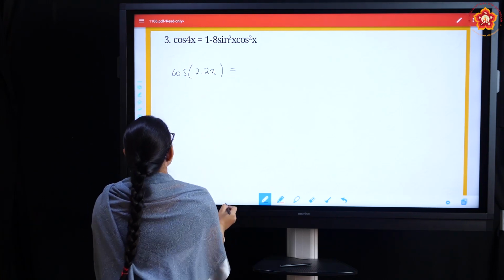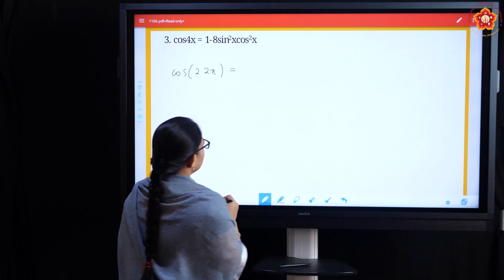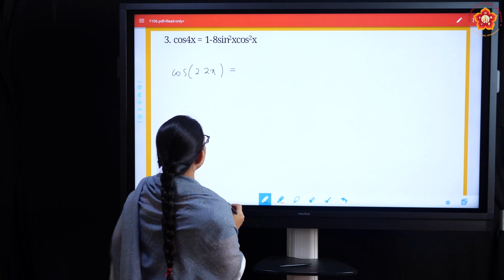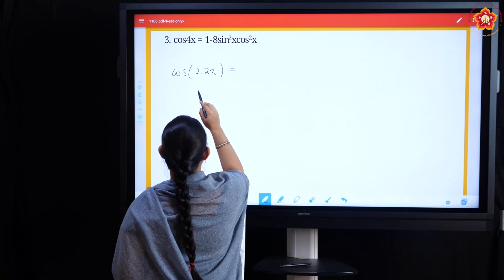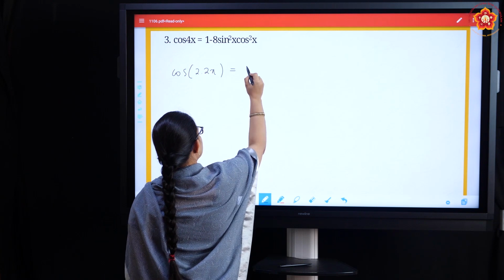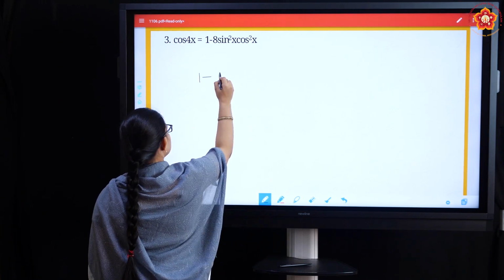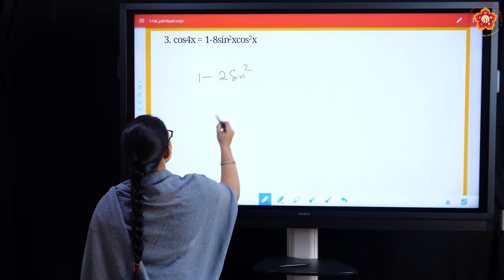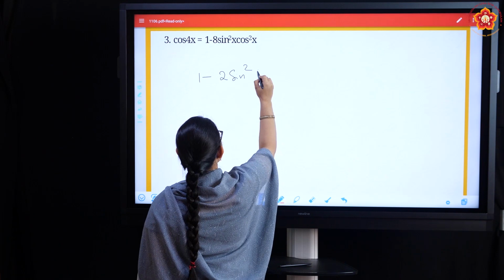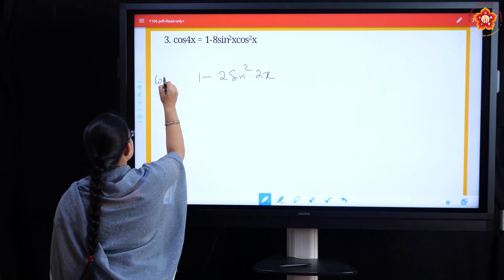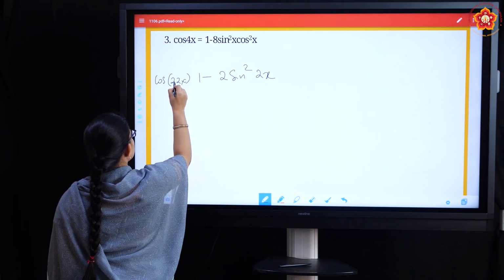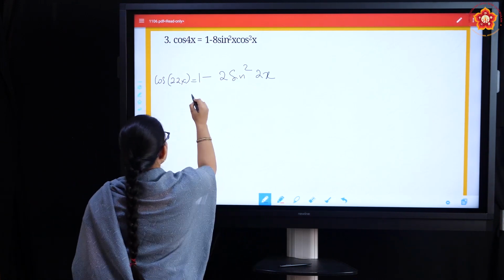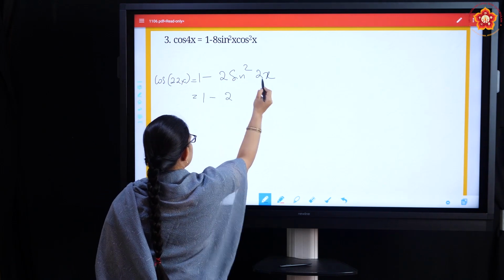I am free to use any of the formulas, but to get this required proof we can use the cos 2x formula in terms of sin, that is 1 minus 2 sin square x, so here it is 1 minus 2 sin square 2x.